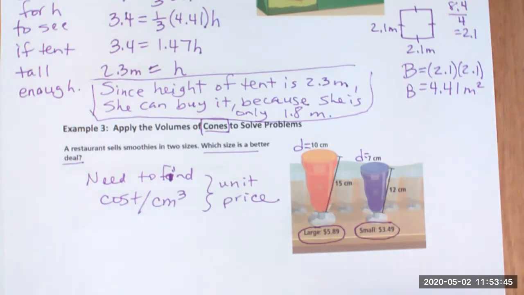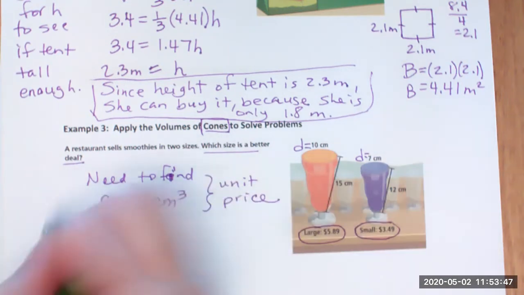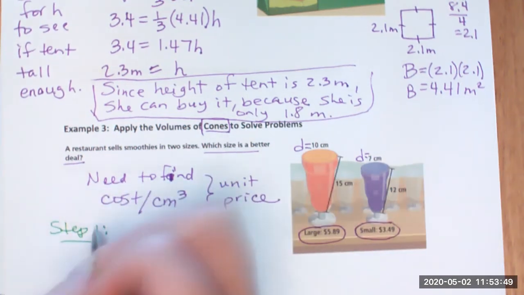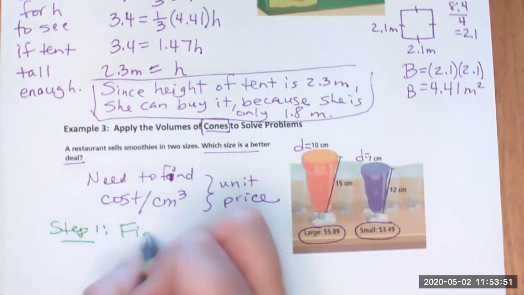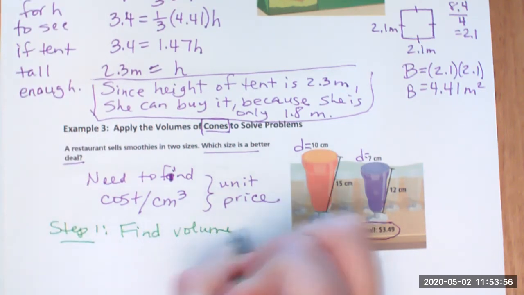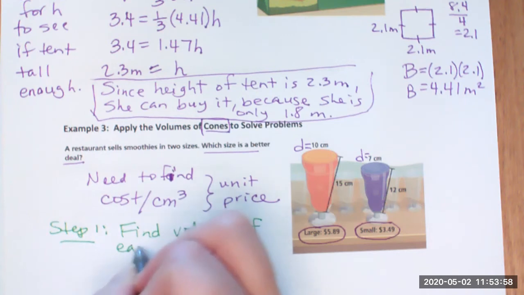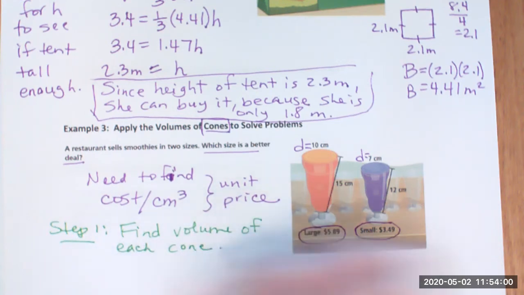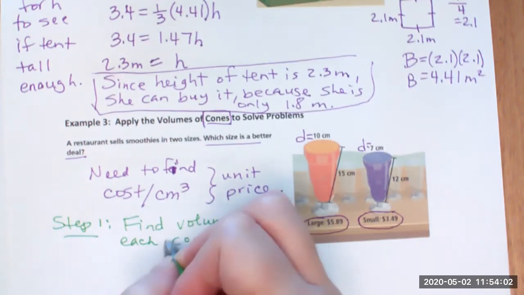So step 1, we're going to find the volume of each cone. Okay, and of course I said they're approximate cones. We're being approximate here.